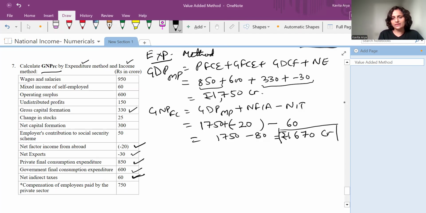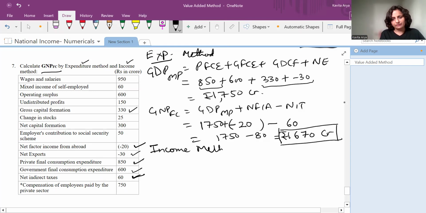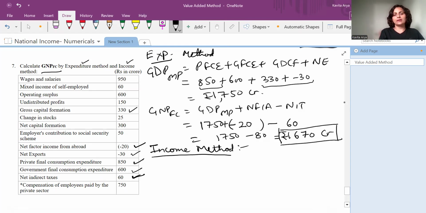Now let's wait for the second half to verify whether the answer is correct or not. Meanwhile, let's go for income method. If I have the same value, these are the loveliest questions from your national income accountancy, because they give you the confirmation and verification there and then. So income method gives me NDPFC.